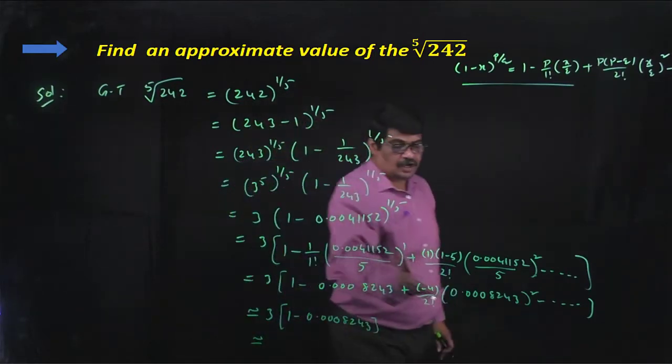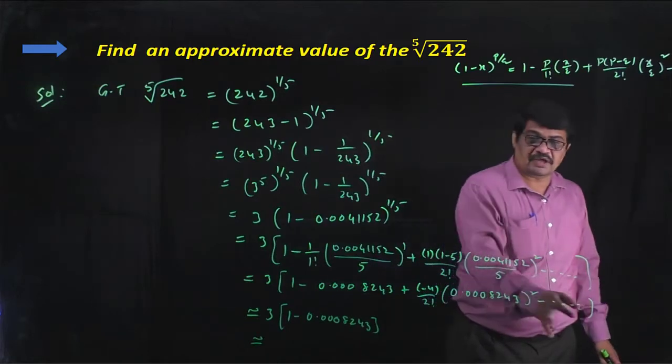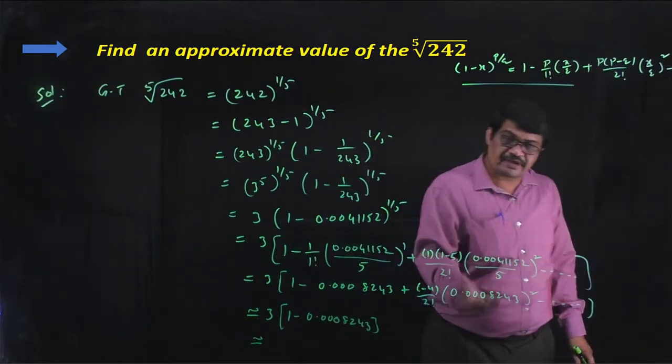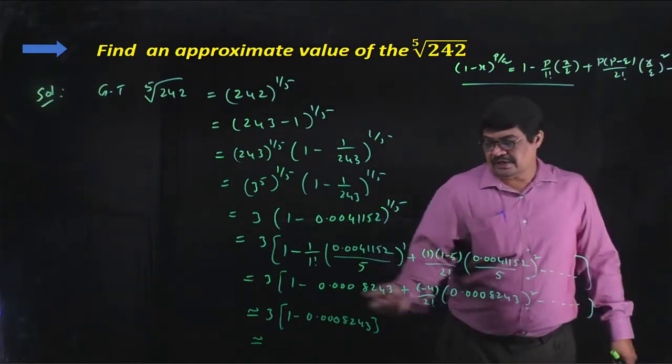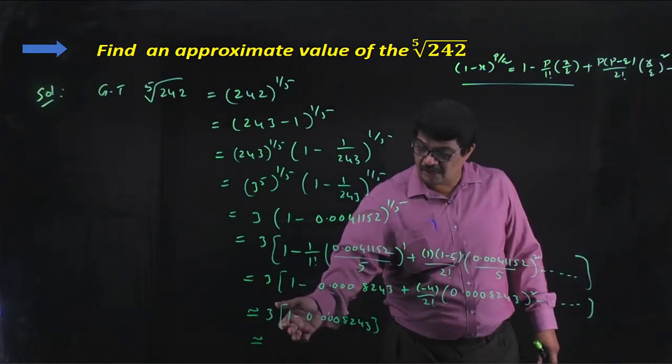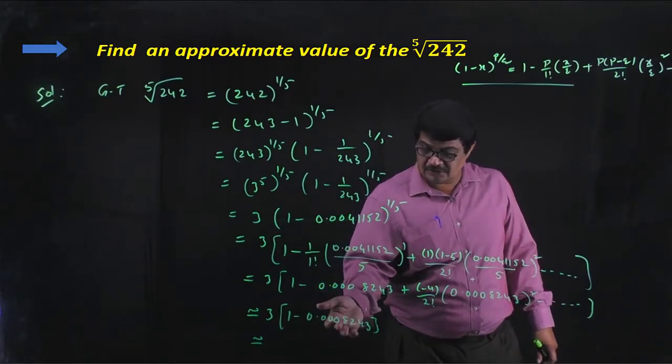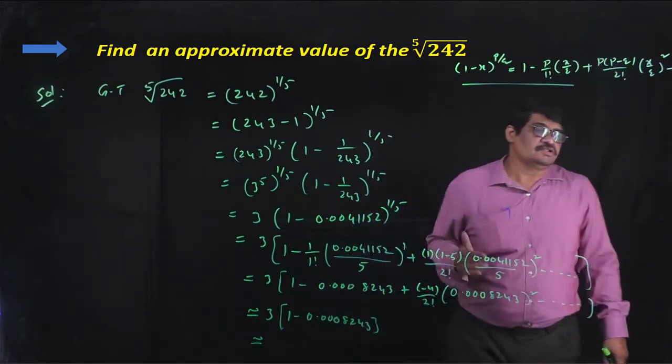So we are neglecting these terms. This value is very small, so we are neglecting up to the third term. We are getting the approximate value 3 into (1 minus 0.008243).